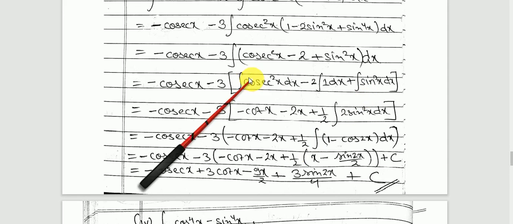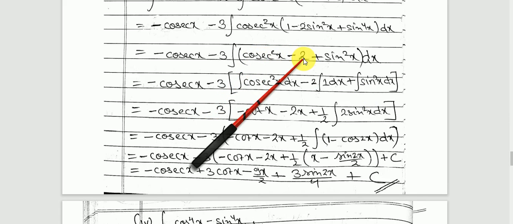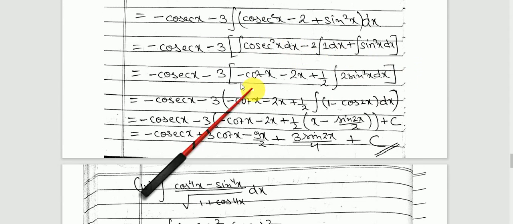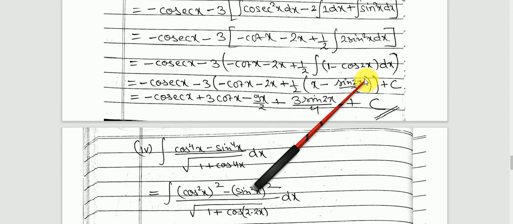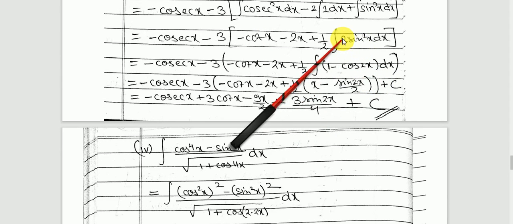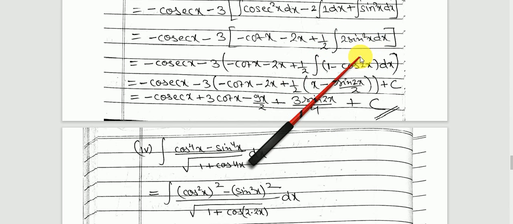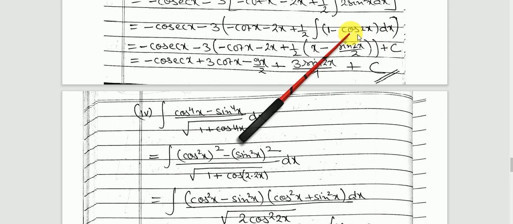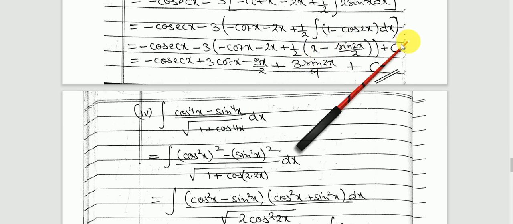Now if you see over here, you know the integration of cosec square x, you know the integration of 2, but you don't know the integration of sine square x. So firstly write them separately, integrate them, and in the next step you can simplify this. Some manipulation is needed over here, so you can multiply and divide by 2, and this 2 sine square x can be written as 1 minus cos 2x. Here two terms are there and you know the integration of both the terms, so thereafter you can complete by yourself.